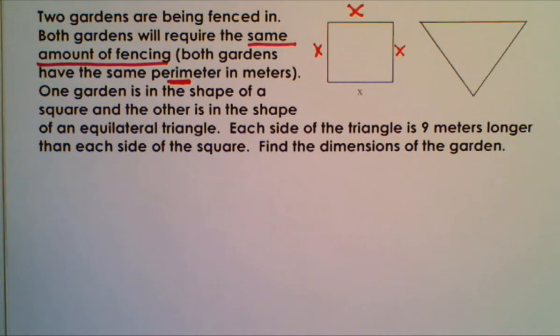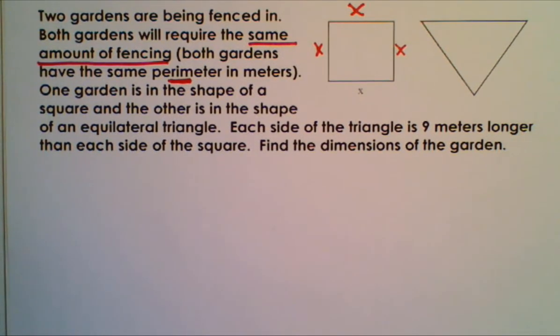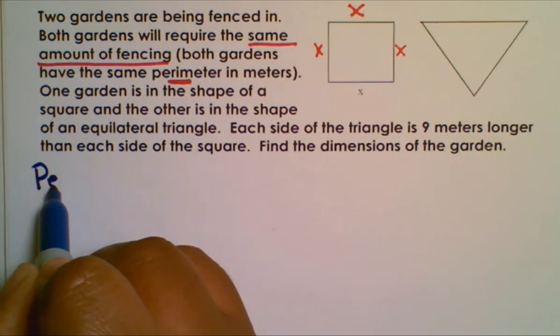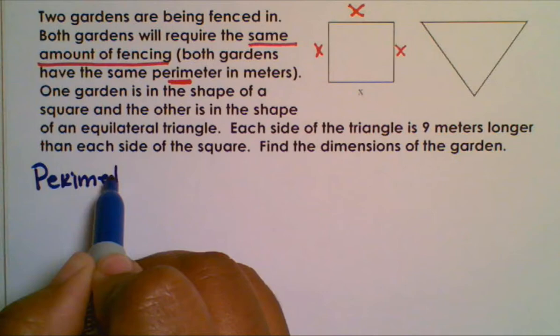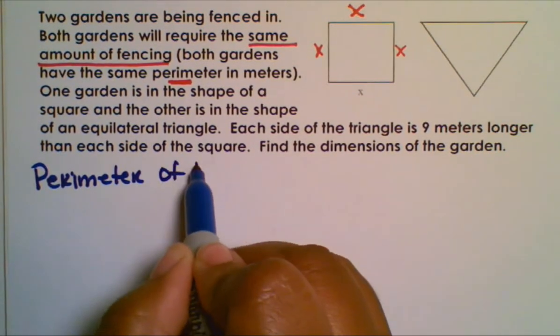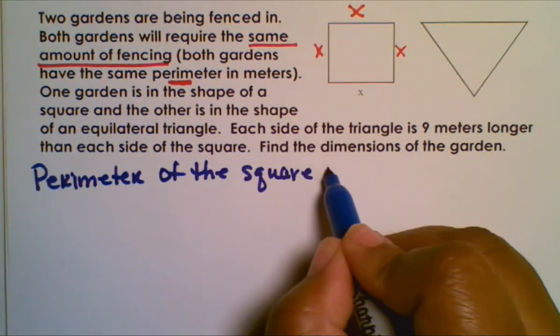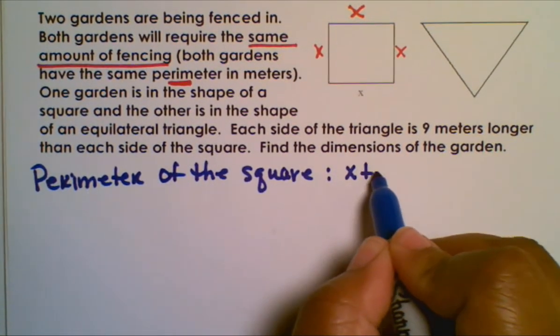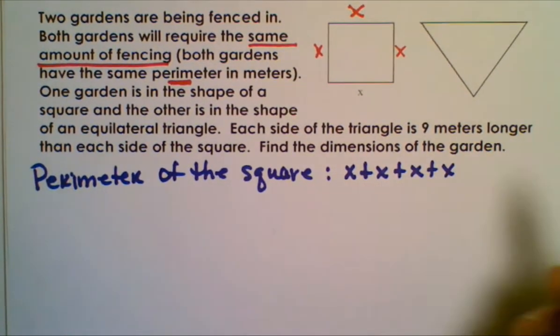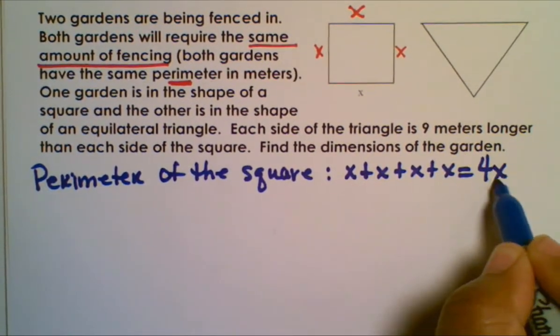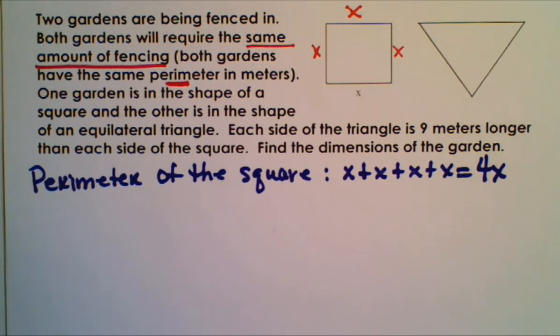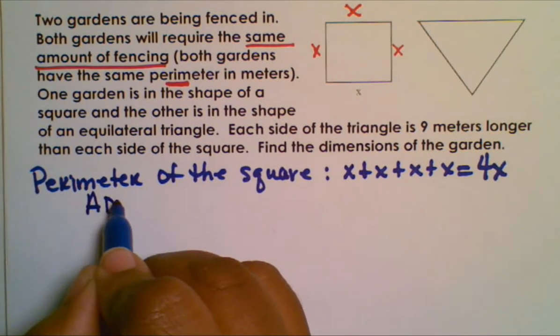So the perimeter of the square, you add all sides, x plus x plus x plus x, which is the same thing as 4x. We're not talking about exponents, we're talking about terms. How many x's do you see? You see 4 of them. This is where we add all sides.